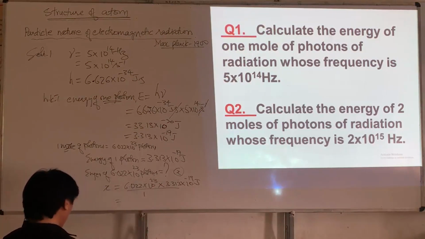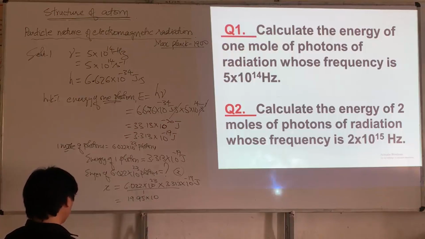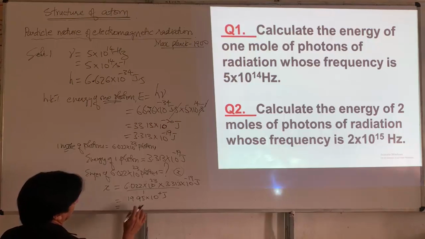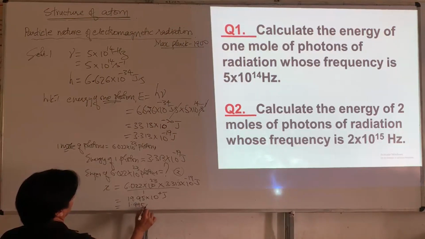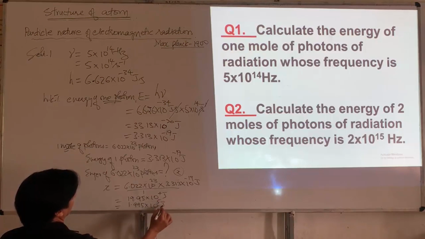The product of these two, after I multiplied it, I got 19.95 × 10^4 joules. Now if you write this in scientific notation, it becomes 1.995 × 10^5 joules, right?